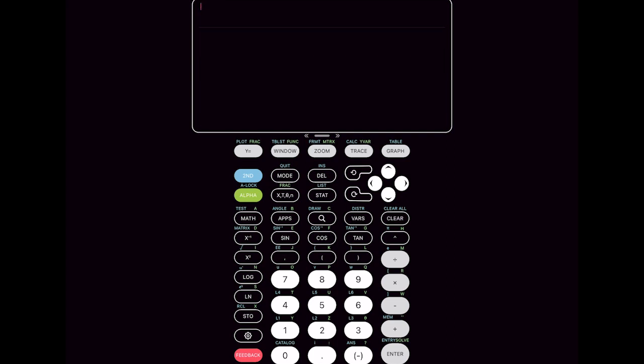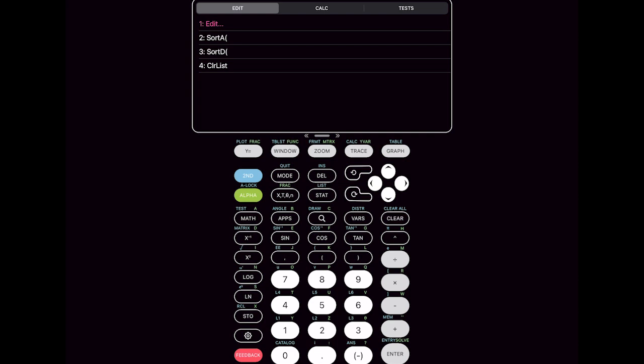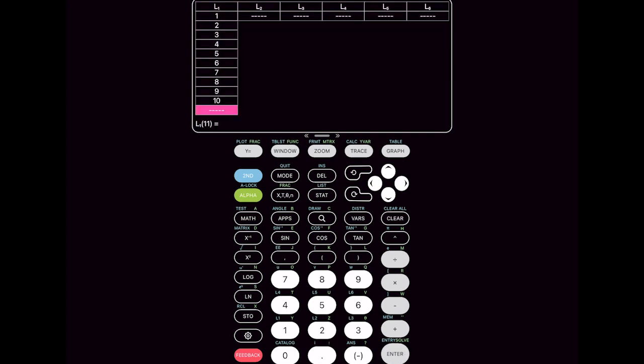You're going to go to Stat, which is 2 buttons to the right of the green button, okay, and then click on Edit or Enter. And if you have values in there, you're just going to use the arrow up on top of L1 and just hit Clear, okay, and that will clear those values. Now the first value I'm going to type in, remember I'm finding the average height and the standard deviation of the heights of the 10 tallest buildings. So I'm going to type in the heights in feet, okay, so bear with me here.